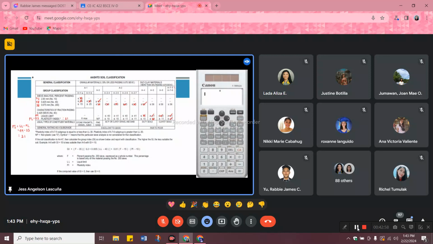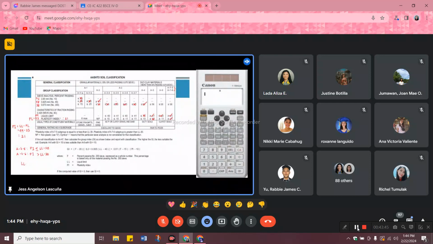So we still need to determine which of the two. For A-7-5 and A-7-6, the rule is that for A-7-5, the PI must be less than or equal to LL minus 30, and for A-7-6, the PI must be greater than LL minus 30.